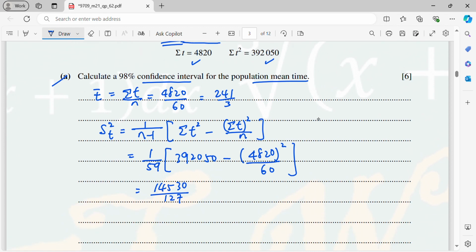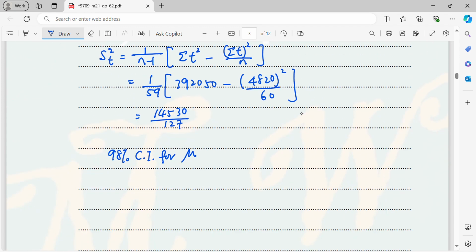Now for the 98% confidence interval for the population mean, which is mu, that is going to be T bar plus minus. Now 98% means that the middle region is 0.98.